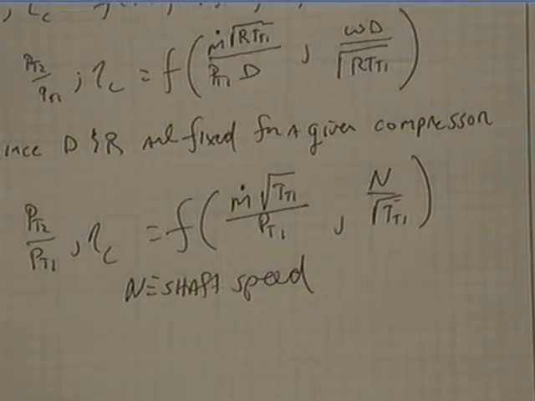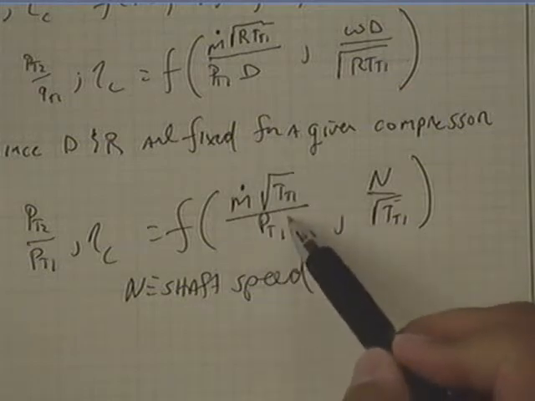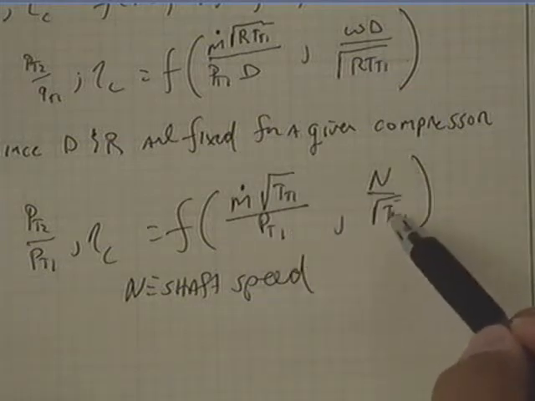Okay, and so what's done now, these are called the corrected parameters. So this is corrected mass flow and corrected speed.